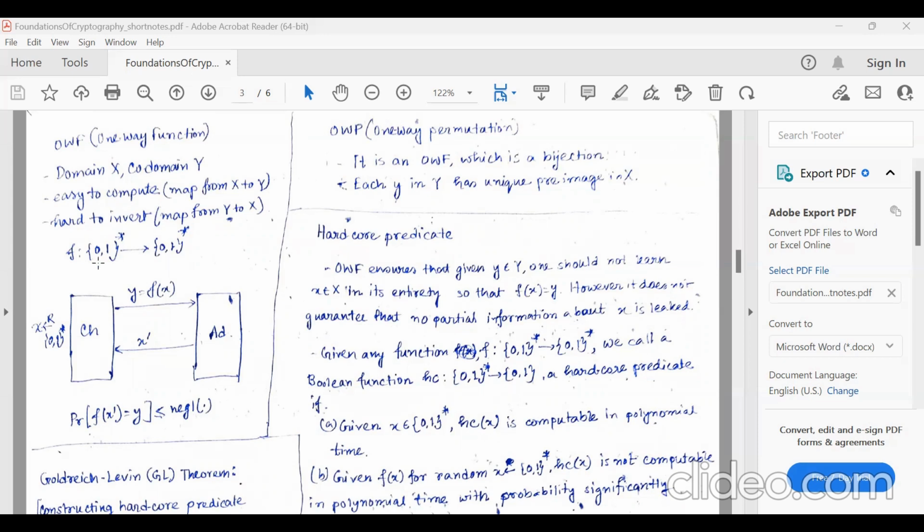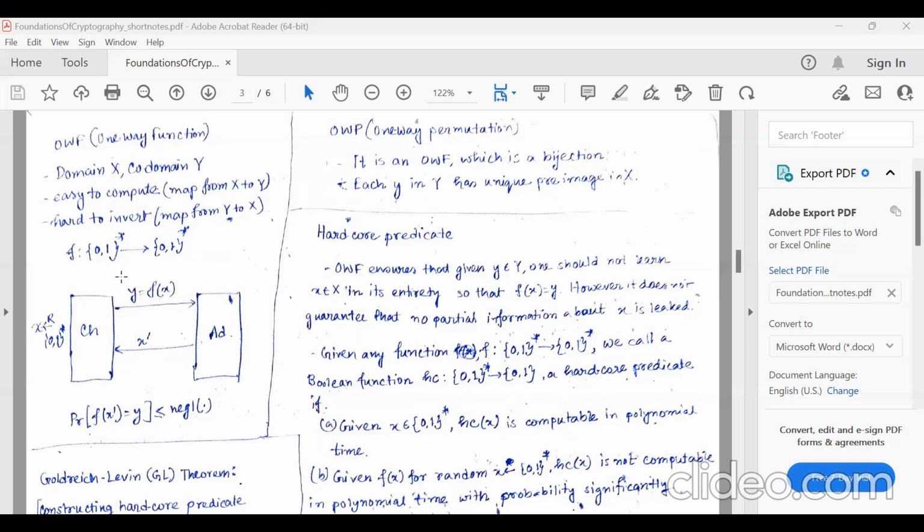To say it formally, say small f is a one-way function which maps any length of 0,1 bit string to any length of 0,1 bit string again. Then there is a challenger and an adversary. The challenger samples some input X from its input space, computes the value of Y by doing f of X, and sends Y to the adversary.